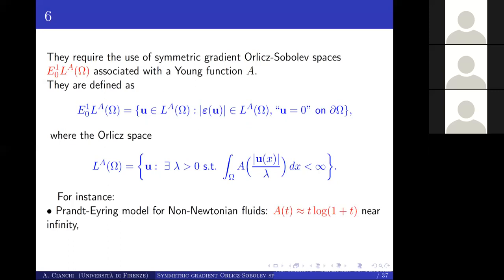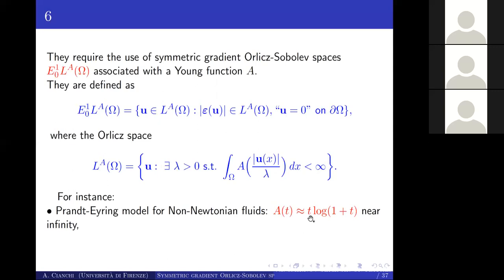Now, an example of a fluid which is governed by this kind of nonlinearity is what are called the Prandtl-Eyring fluids, which go back to several decades ago. And for these fluids, the function A is just slightly faster than linear near infinity.